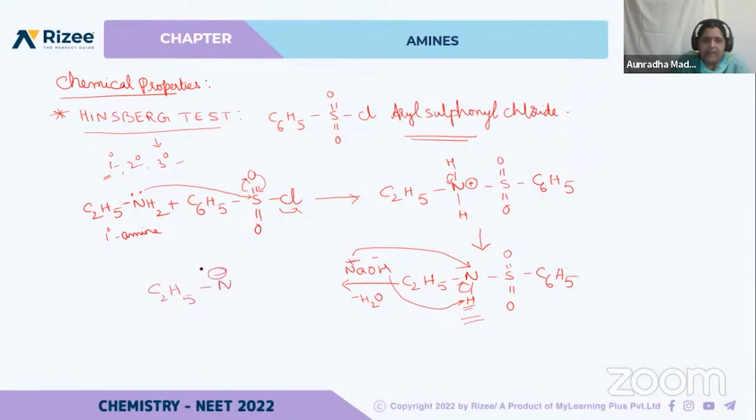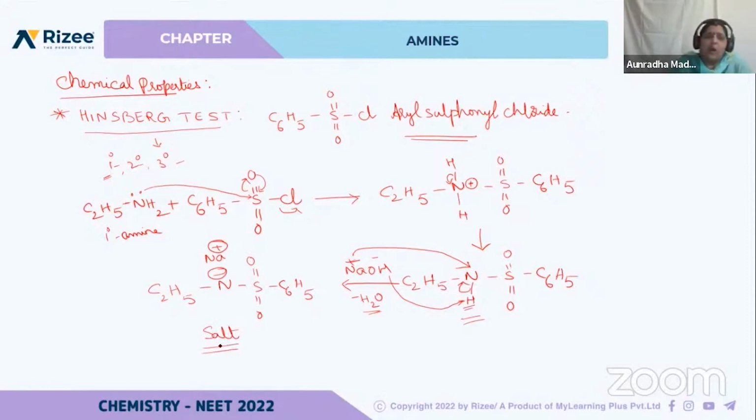C2H5 N minus, and this H goes out with OH minus as water. So N minus, S double bond O, S double bond O, C6H5, and Na plus. Due to electrostatic force of attraction, this comes nearer to N minus, resulting in a salt.